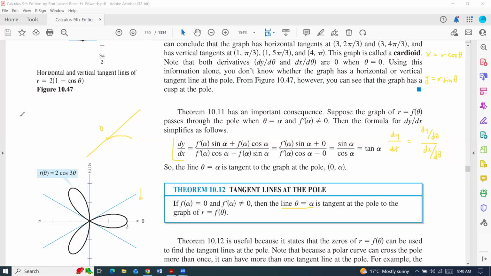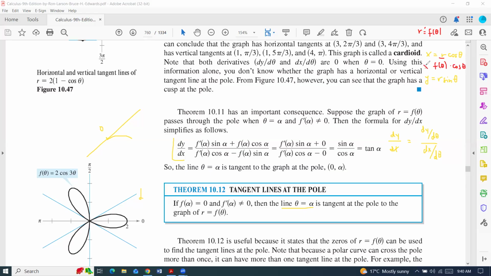So if r is also some function of theta, that's the polar equation. So I will replace r with a function of theta, multiplied by cosine of theta.